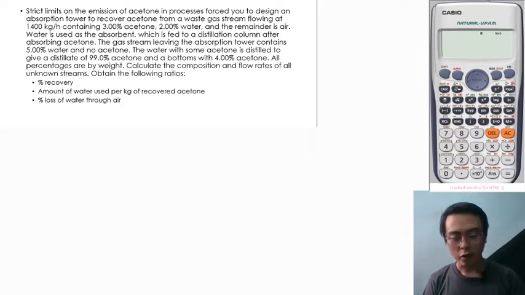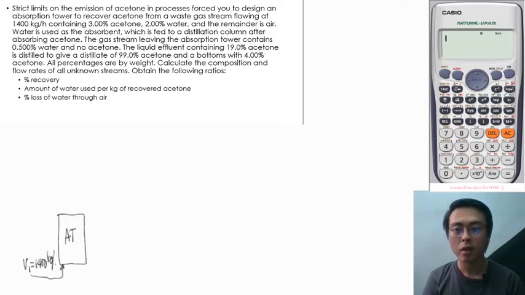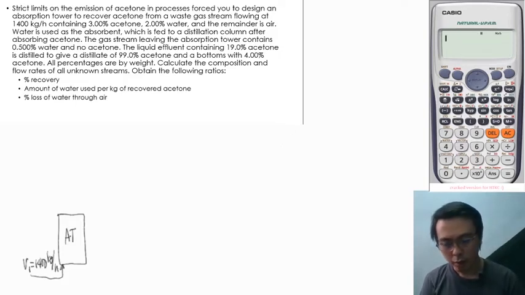Okay, for the first unit, we have an absorption tower wherein your input, we will be calling that V1, flows at 1,400 kilograms per hour. And that contains 3% acetone. We will be representing acetone as AC, 2% water, and the remainder, which is 95%, that's air.